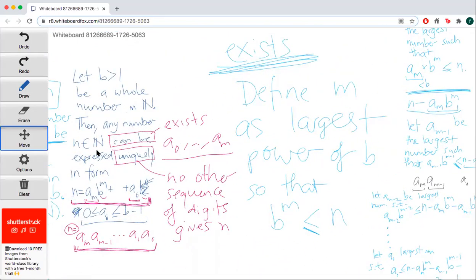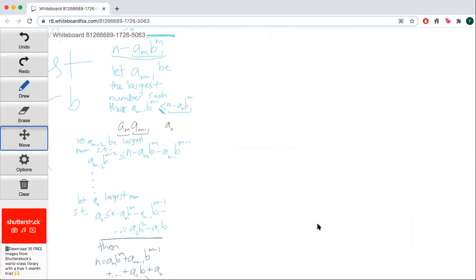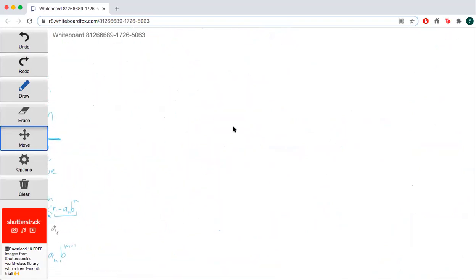We've proven now that any number can be expressed in some digits. And now we want to prove uniquely. So we want to prove that there are no other digits that give us this number in base b. I am going to write over here, and I need to get my bearings on my whiteboard.